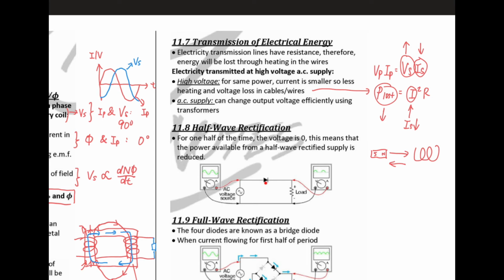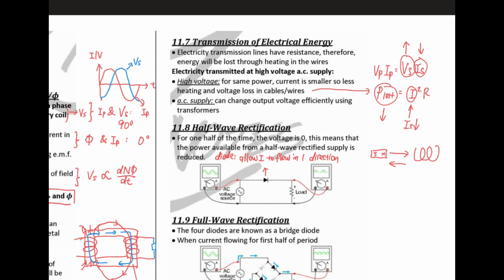The function of a diode is to allow current to flow in one direction. So this thing is a diode, with an arrow there.